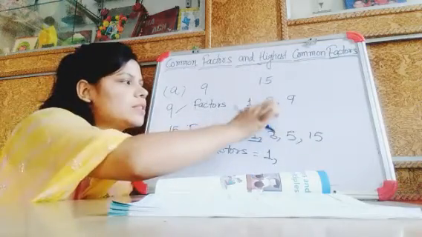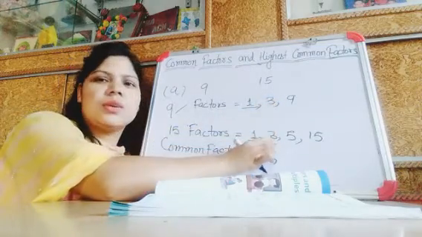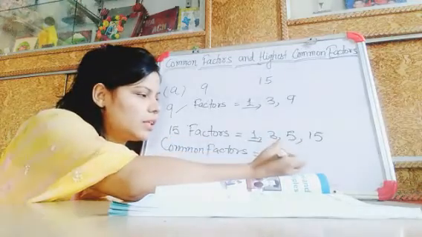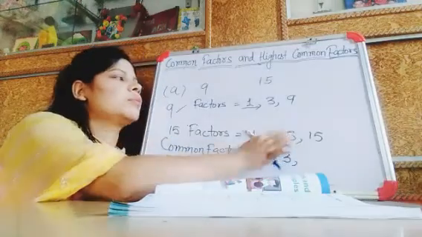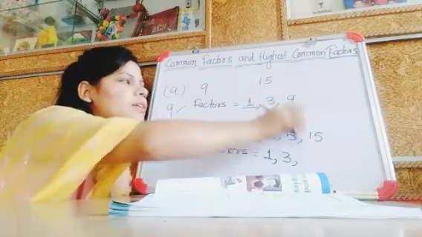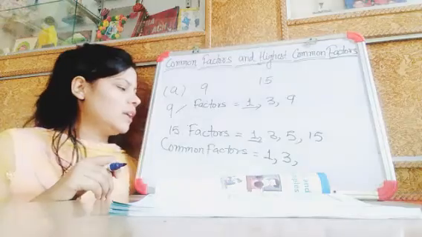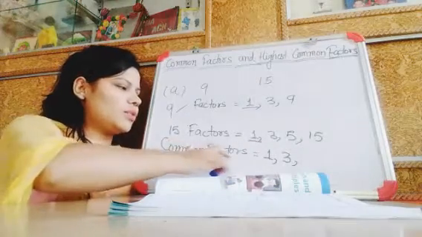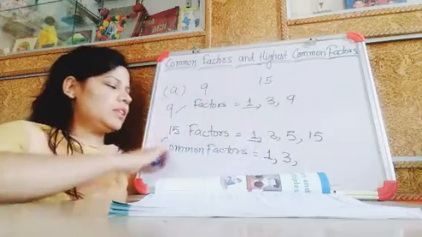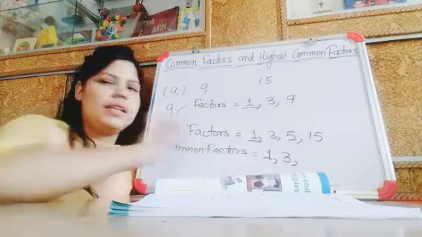After it, you can see 3 here and 3 here. But 9 is not here, 5 is not here and 15 is not here. It means the common factors between these numbers are 1 and 3.